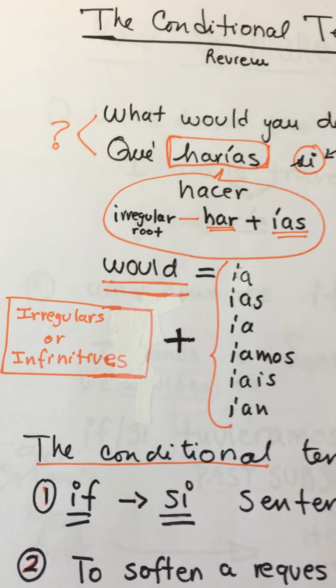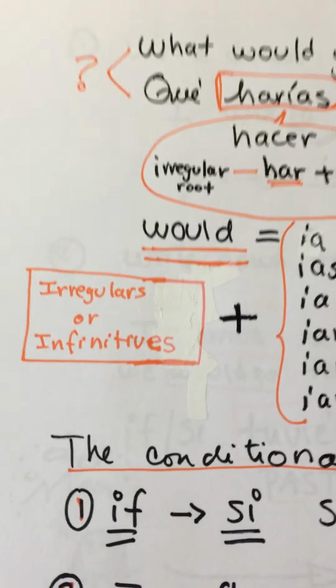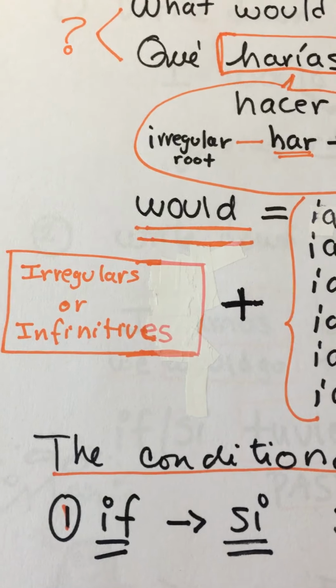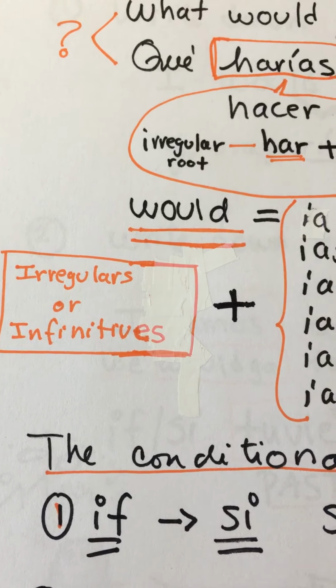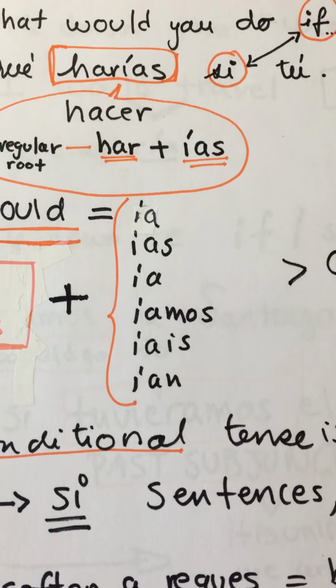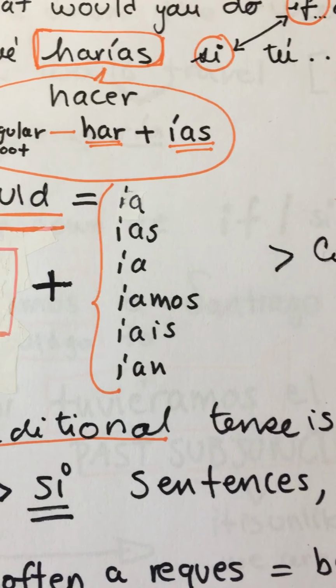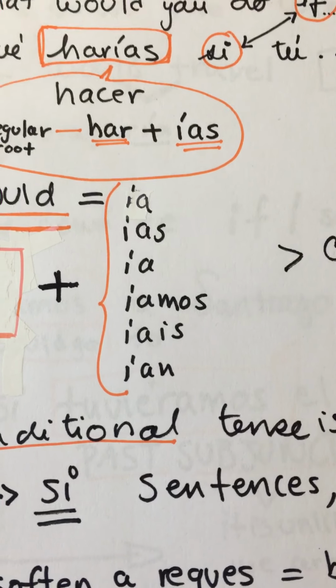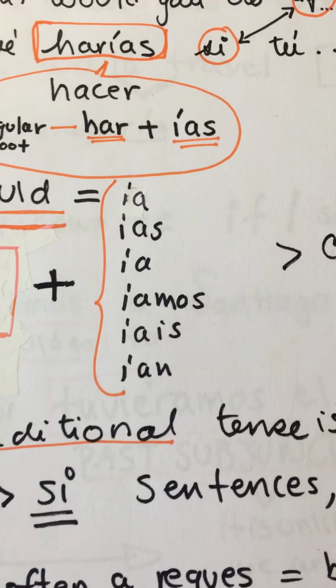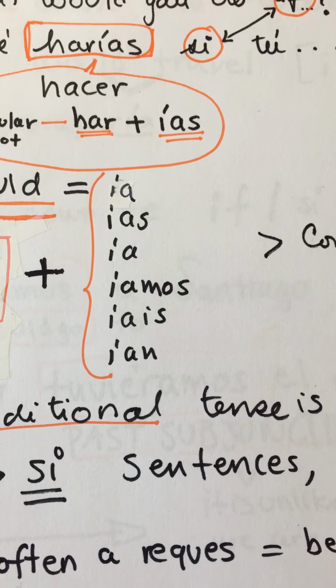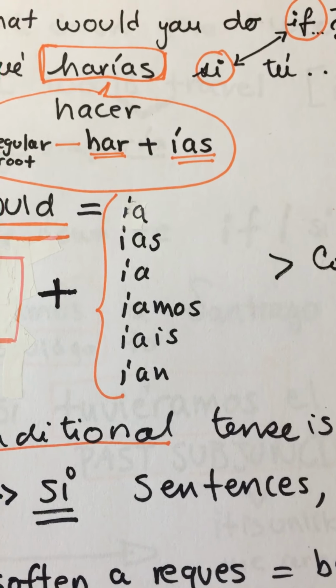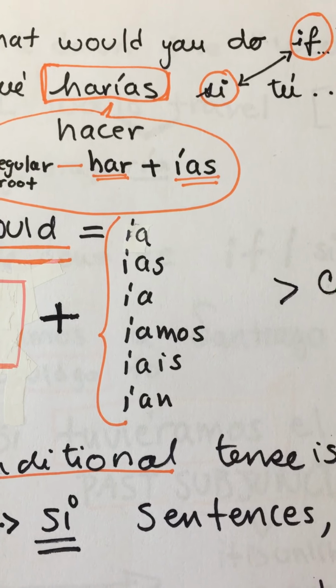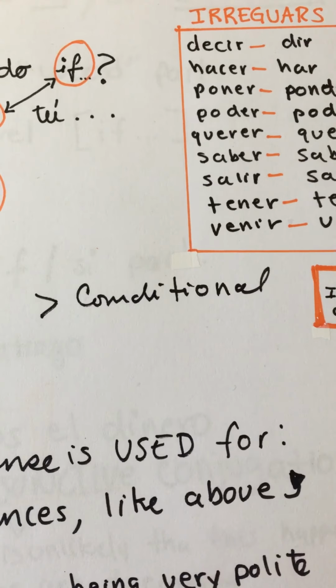So the would part, we will use the irregular roots and the full infinitives plus the endings ía for yo, ías for tú, ía for él, ella, and eso or it, íamos for nosotros, íais for vosotros, and ían for them or they.